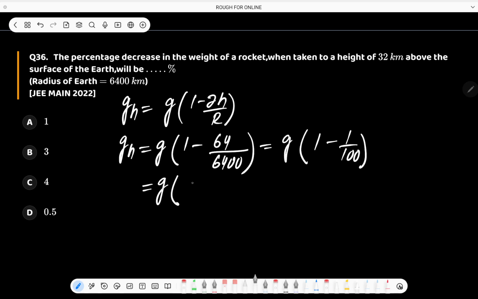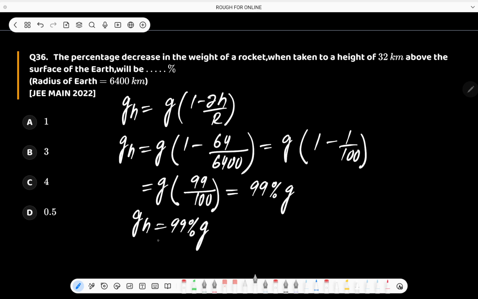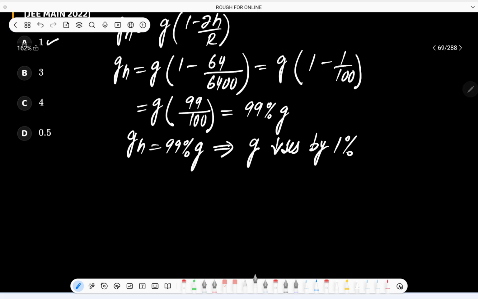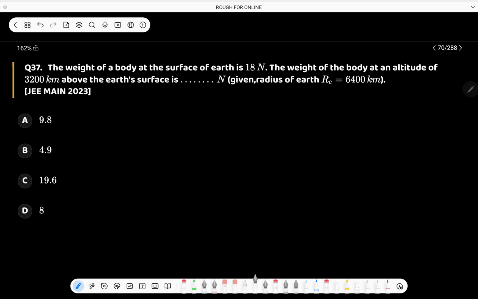It will be equal to 99 divided by 100, so it is equal to 99% of g, which implies gh is equal to 99% of g. When it is 99% of g, it implies that acceleration due to gravity decreases by 1%. Okay, final acceleration due to gravity is 99% of the initial acceleration due to gravity, which implies that it has got decreased by 1%. Let's move to question number 37.